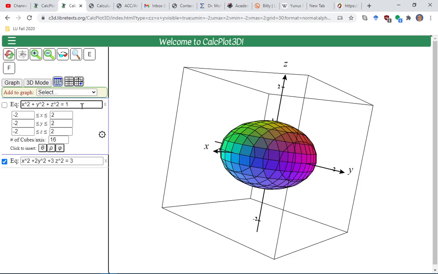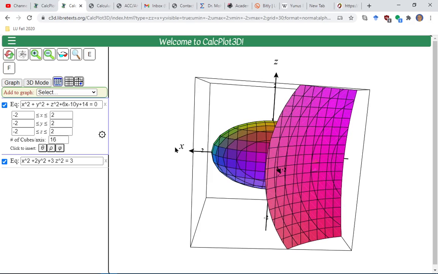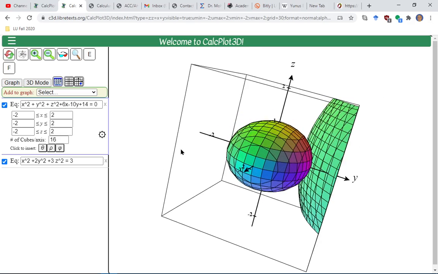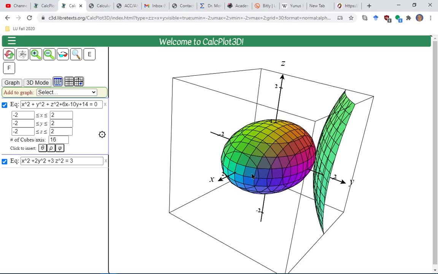It writes some default formula for you, and then you change it. 6x, we had minus 10y, and then I had plus 14, and it was all equal to 0. Okay. Well, you see a piece of it, meaning we have to change our axis to see the rest of it. In fact, this is part of a big sphere.